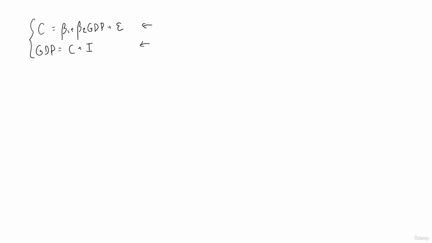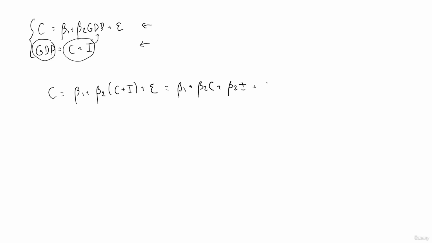So let's derive the reduced form equations, and we can do that by just taking this one and plugging that in here. So we have C equal to beta 1 plus beta 2, and I have skipped the subscript i for convenience. It doesn't matter because each equation is valid for each observation anyway. So we have C plus I plus epsilon, which, if I open the parenthesis, is beta 2 C plus beta 2 I plus epsilon.